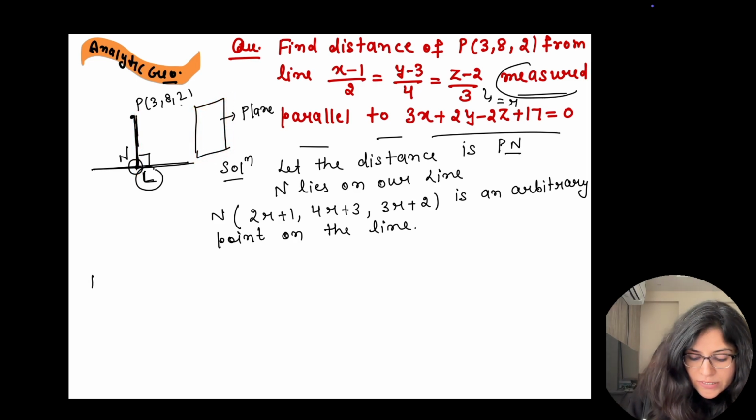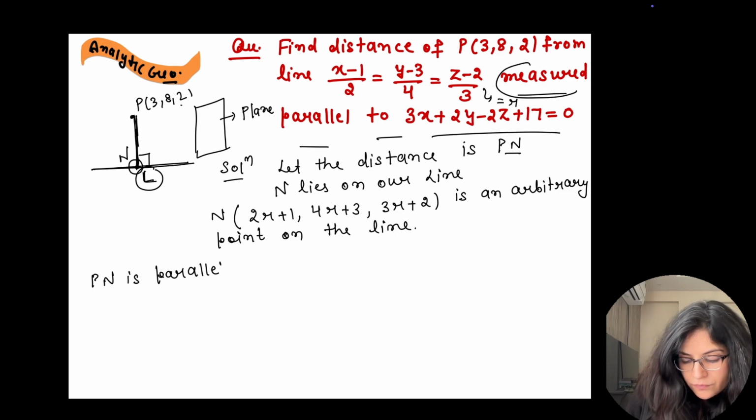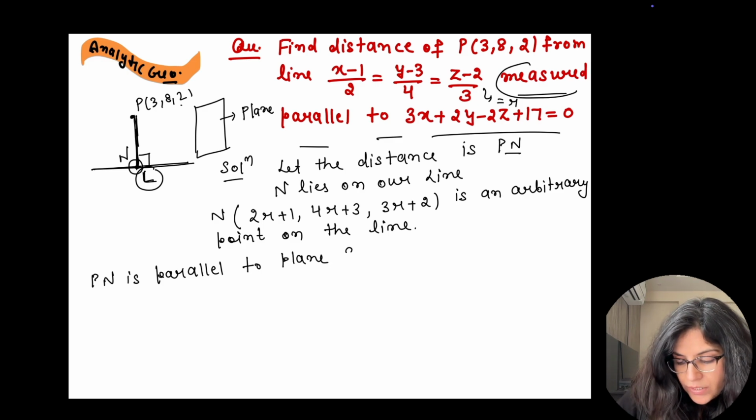So now, given that Pn is parallel to the plane 3x plus 2y minus 2z plus 17 is equal to 0.